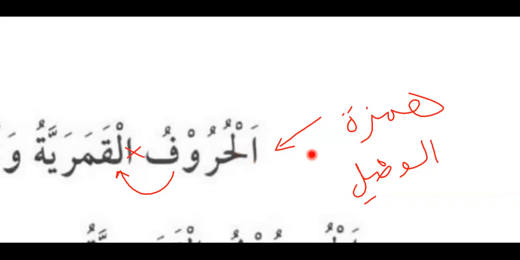It is hamza. The topic of hamza is a very wide topic. Hamza is one letter that did not have its own original shape. So it used to take the shape of alif, sometimes the shape of waw, sometimes the shape of ya. Inshallah, I'll get to that maybe later on.